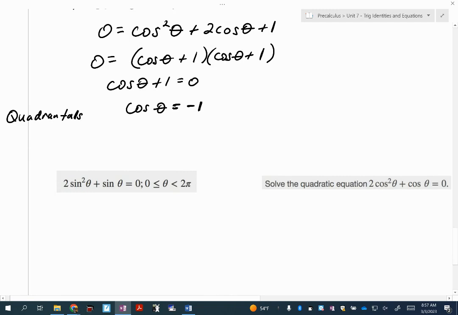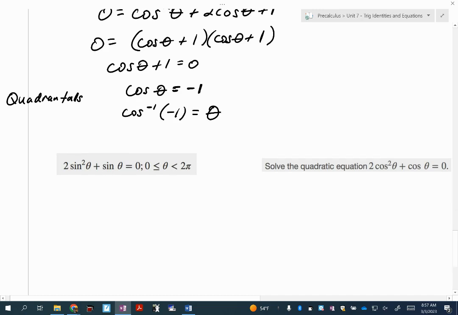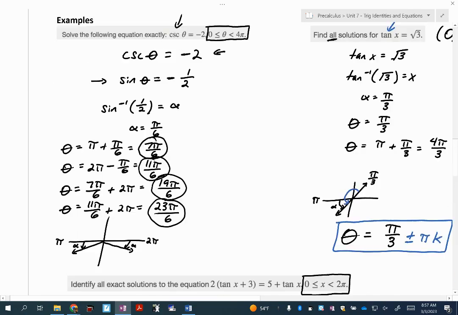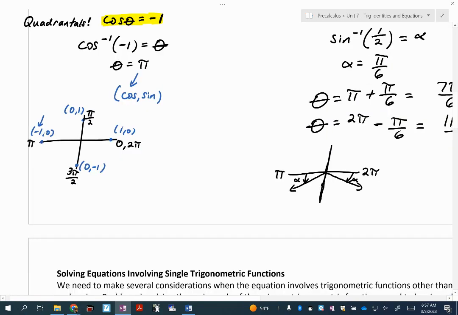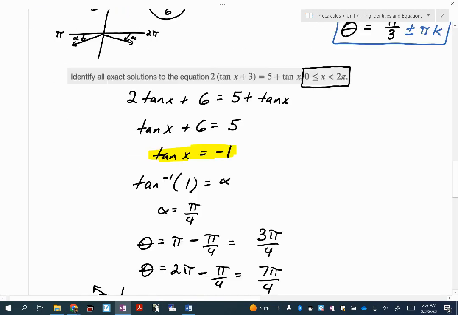So if I think, trying to tell my brain, okay, I know the cosine of some angle equals negative 1. What is that angle? And you go back to your quadrantals right here. And we're looking where cosine is negative. So it's actually exactly the same value as this one up here. It's going to be pi.